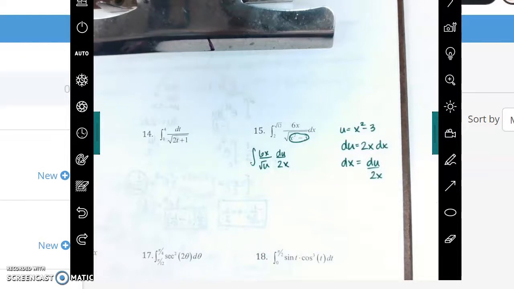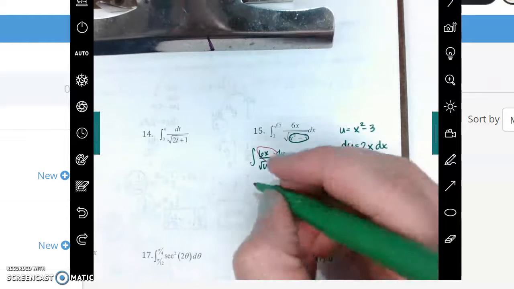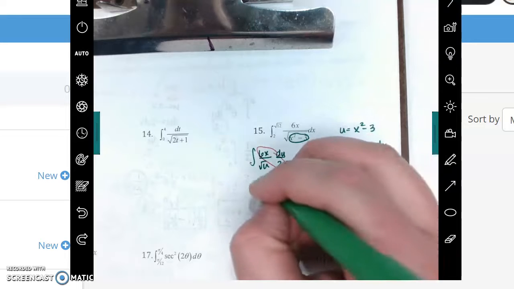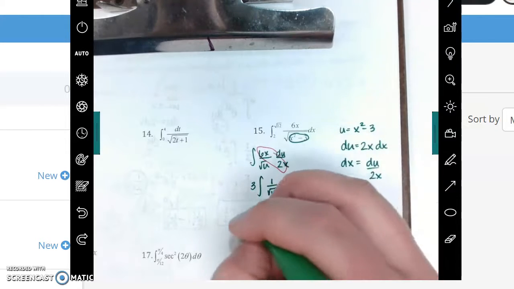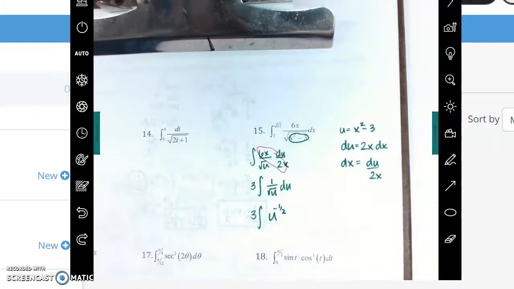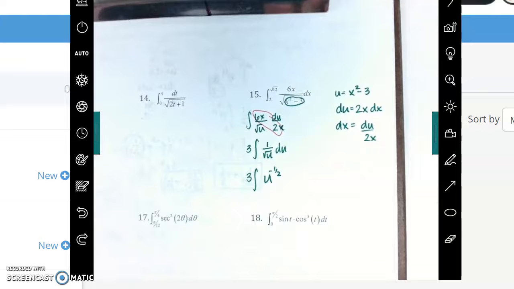What am I going to pull to the front if I have 6x divided by 2x? Just a 3. What happens to the x's? Good. Now, if it's 1 over square root u, what is that the same as? Negative a half. Very good. Okay, and then at this point, I change my endpoints so that I never have to go back to x.